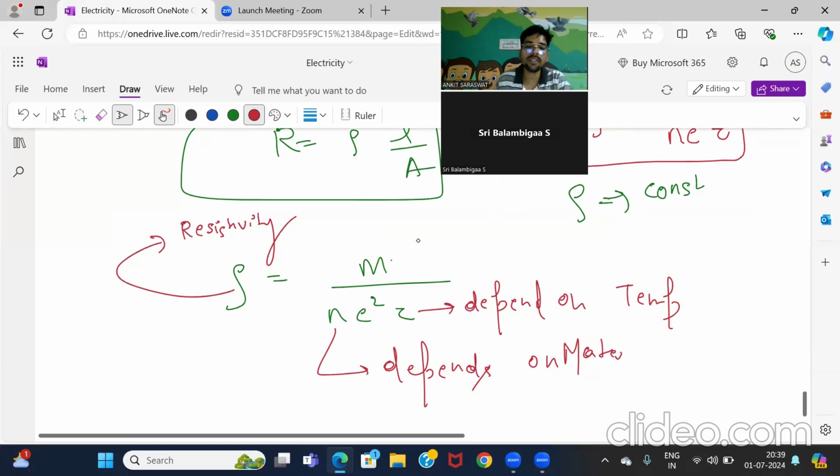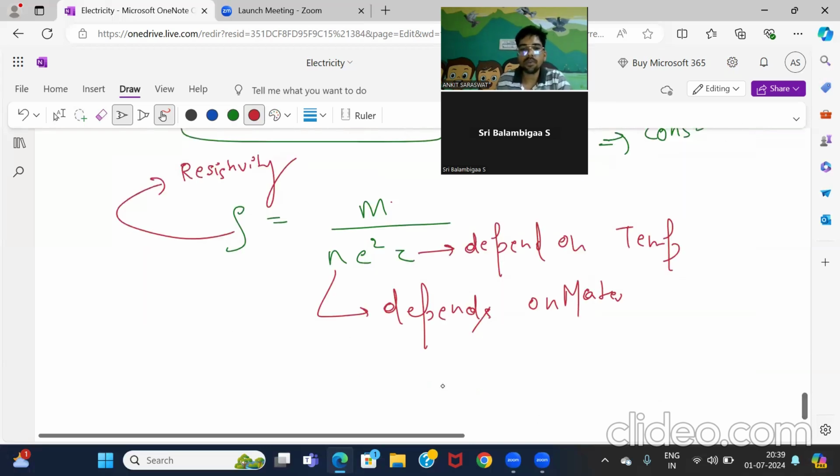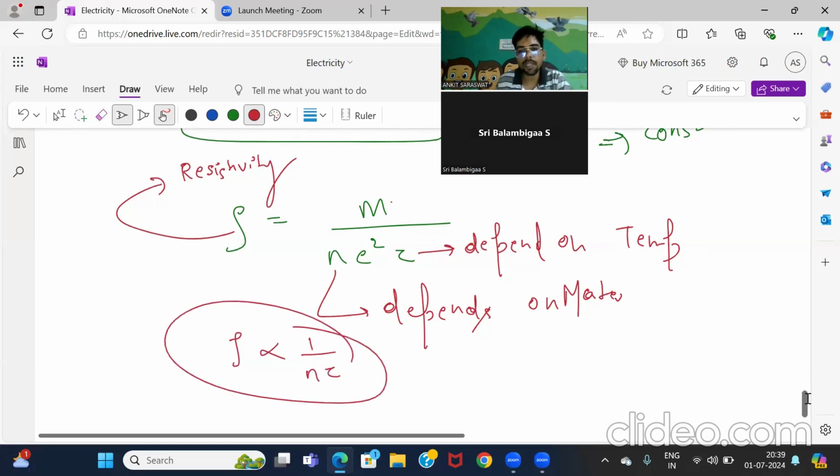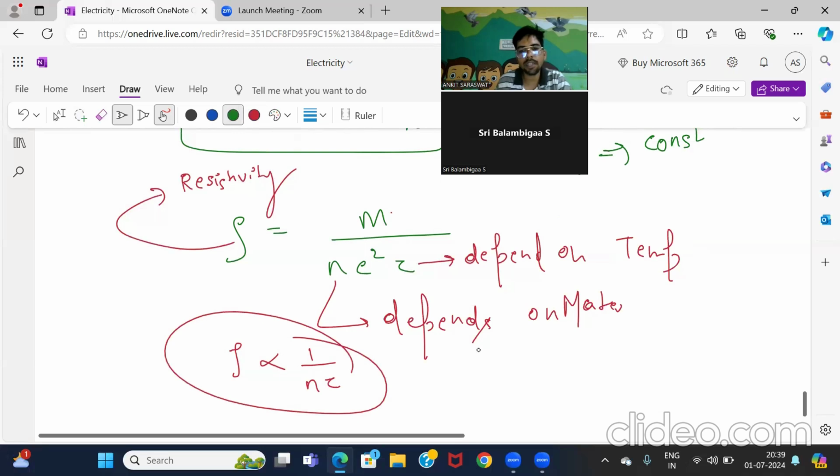Mass of particle is the same. Electron is the same. So rho is inversely proportional to n tau, since m is constant and e is constant. If I keep the material the same, then n is also constant. It depends on material. Copper has a different number of free electrons per unit volume. Small n means number of free electrons per unit volume.